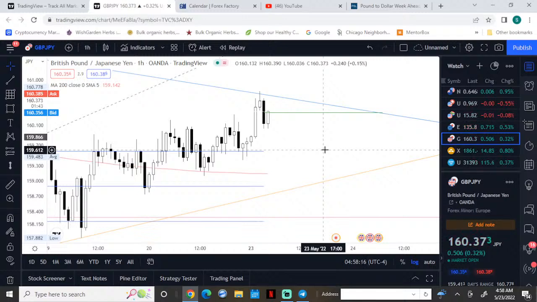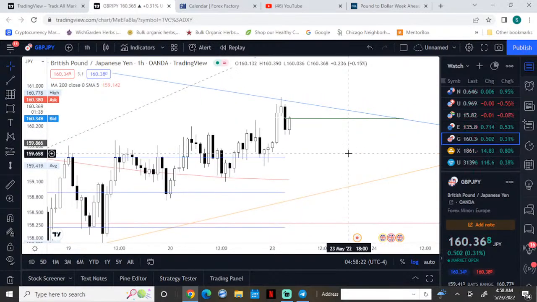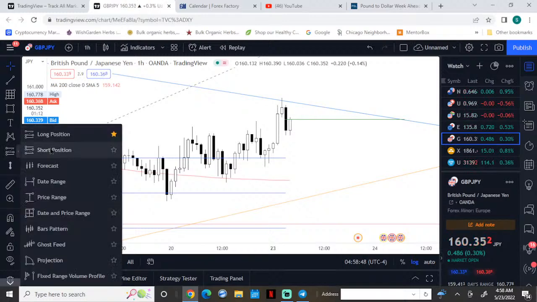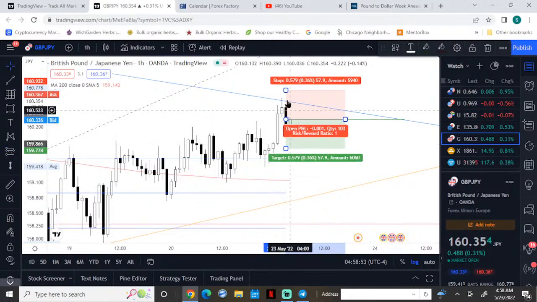So now I am actually going to trade this as a sell. Get in right here just because that's where price is.